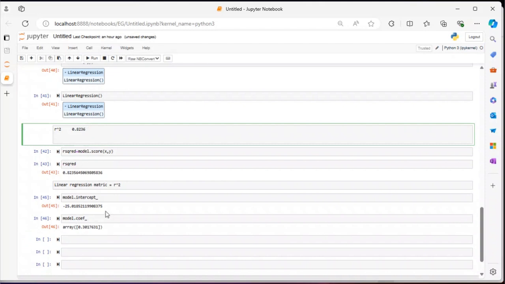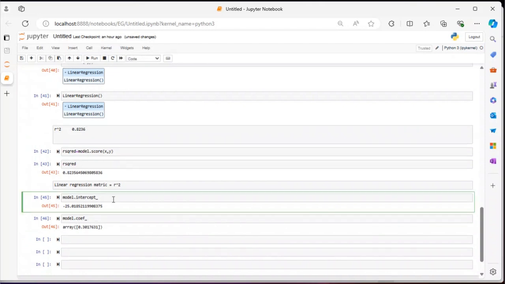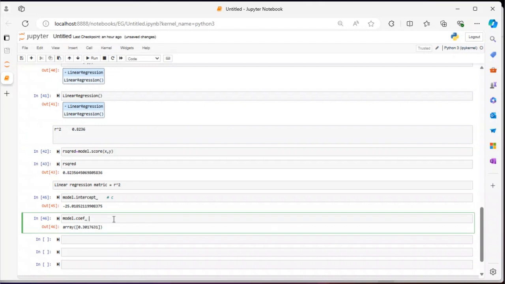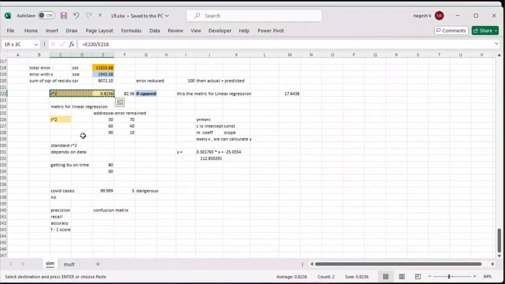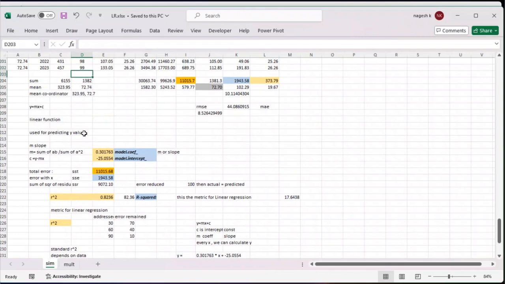So let us check the calculated values for that m and this one. Intercept is nothing but c, the c value, and the coefficient is nothing but the m value. Let us take what we got in Excel. What is the m value?